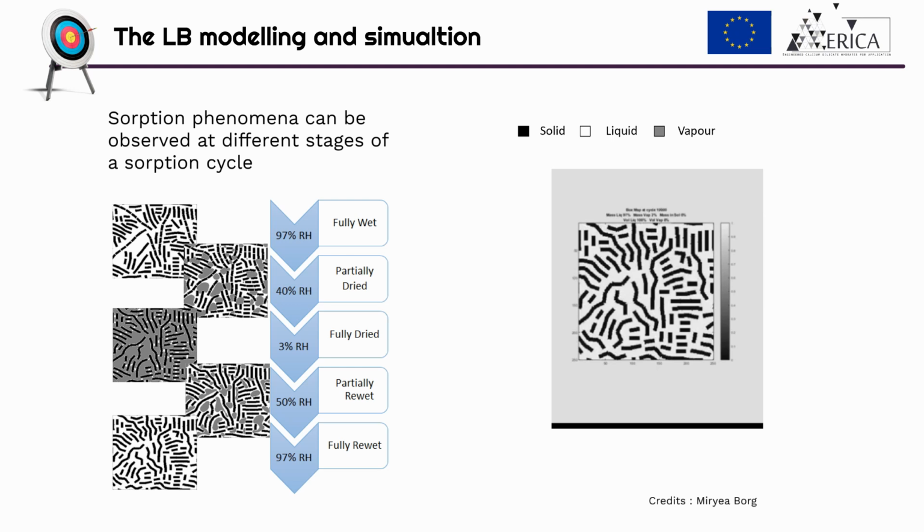In the pictures, using the Lattice Boltzmann method, we can understand what is happening in a cementitious material in the microstructure and look at any specific stage of a sorption cycle. As you can see here, at 97%, when it is fully wet, when it is partially wet, and then it is fully re-wet.